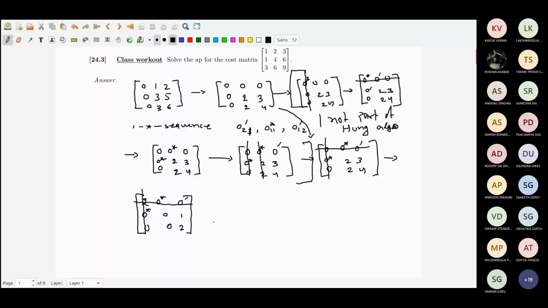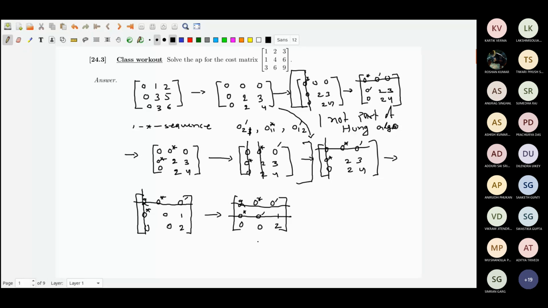The moment you prime one element, in the next you'll have 2, 0 star, 0 prime, that line is there, and then 0 star, you put a prime in the 2/2th place, and therefore that column changes to row. Now you have 0, 2.